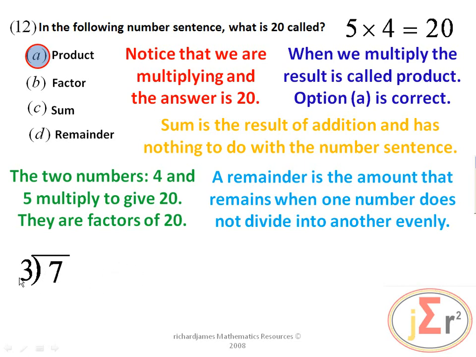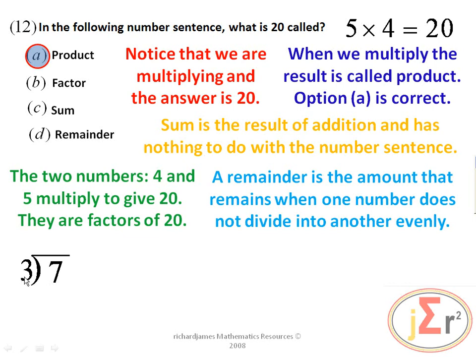So we know that 3 will go into 7 2 times, because if we say our 3 times table, 3 ones, 3, 3 twos, 6. Right, if we say 3 threes, 9, the 9 will be greater than the 7, and we know that 3 will not be able to go into 7 3 times.